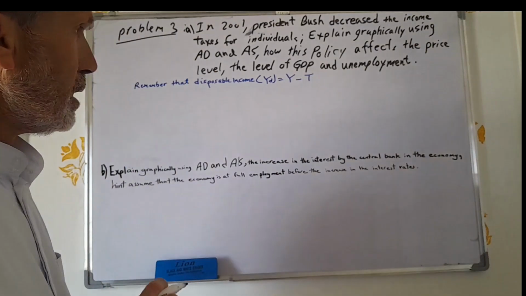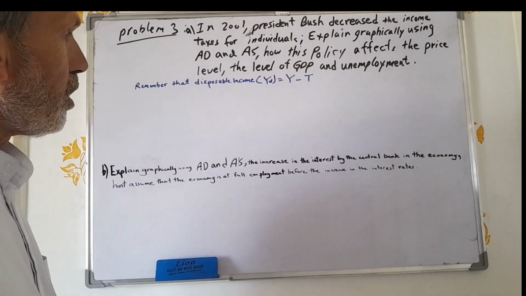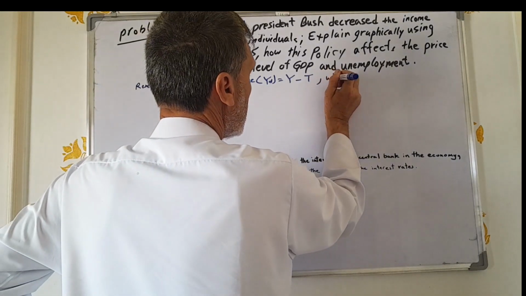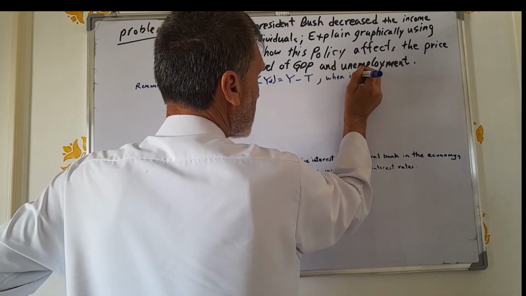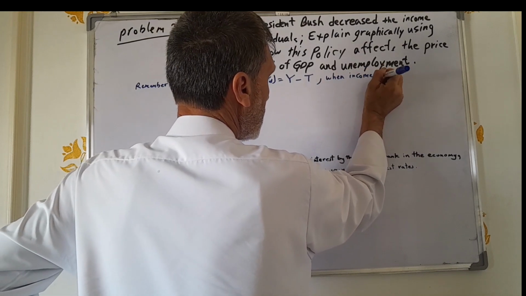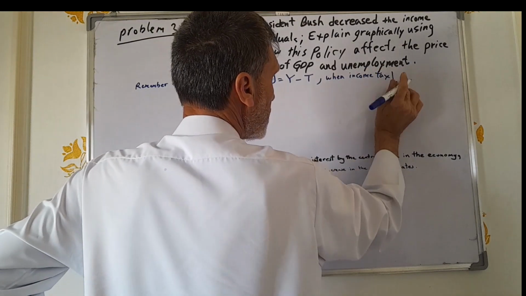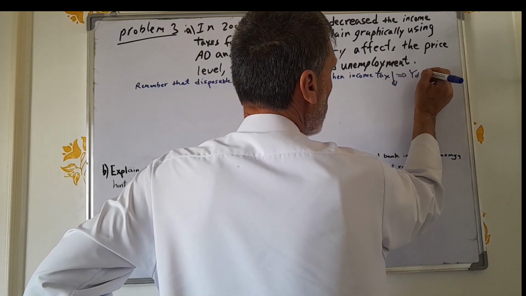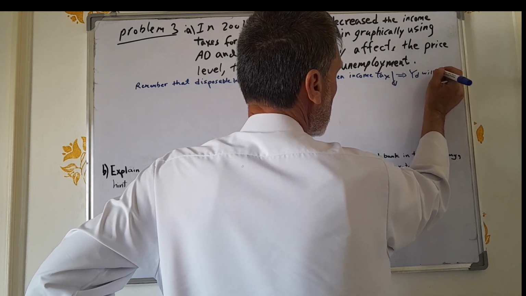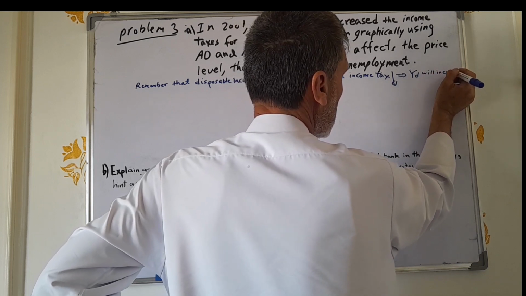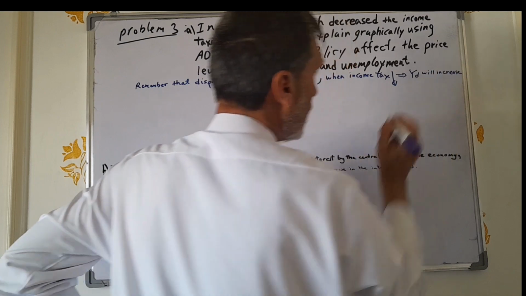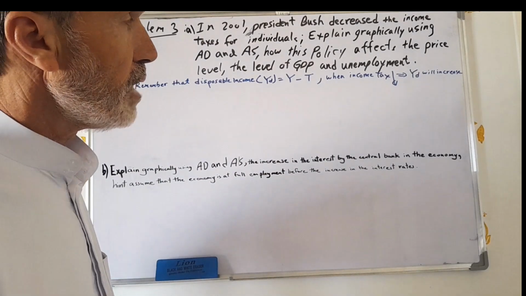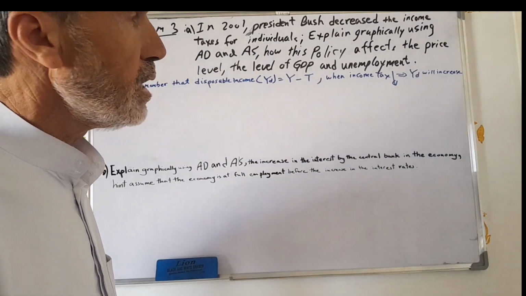Okay? Now, as you can see from this equation of disposable income, when income tax decreases, that implies disposable income will increase. As you can see, when income tax decreases, that means YD, disposable income, will increase.